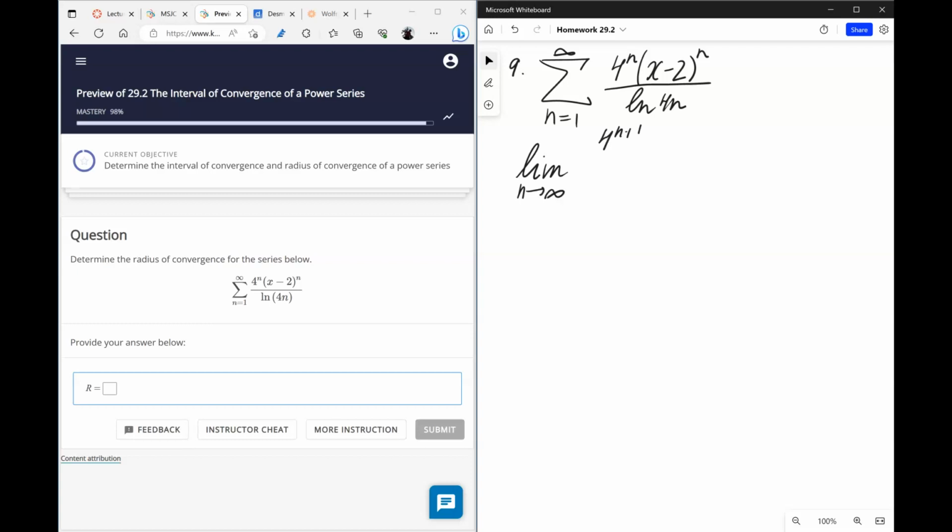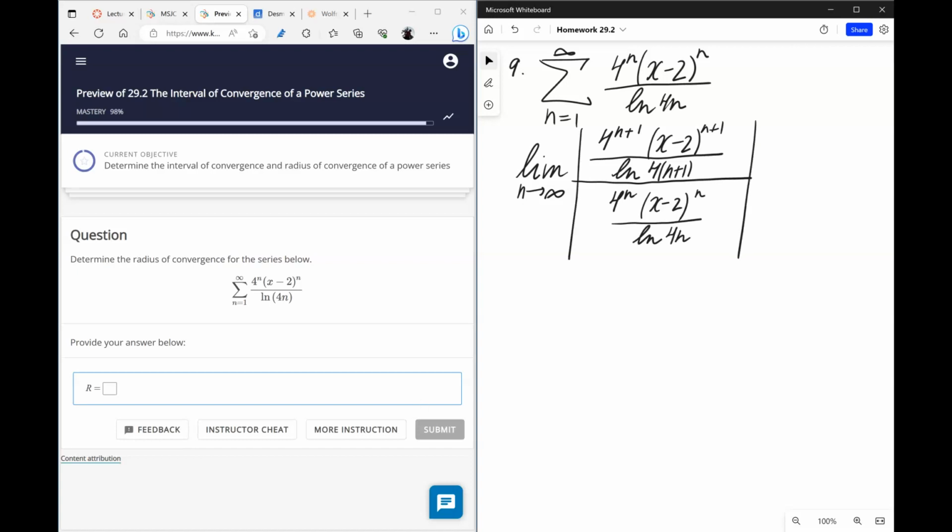We're going to take the n plus 1th term divided by the nth term, all inside of the absolute value.